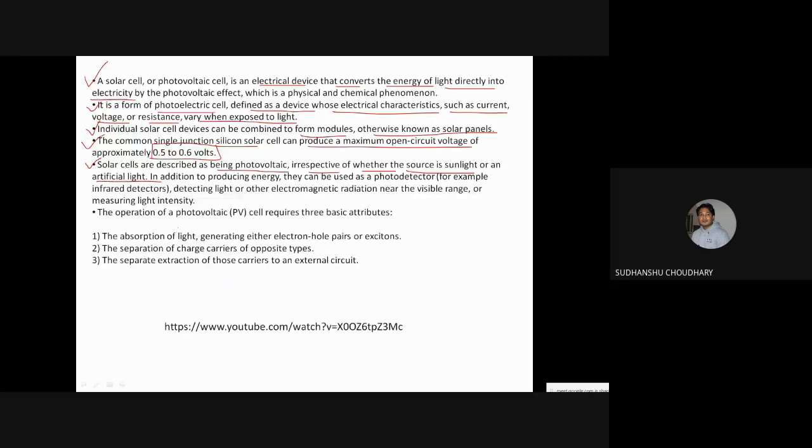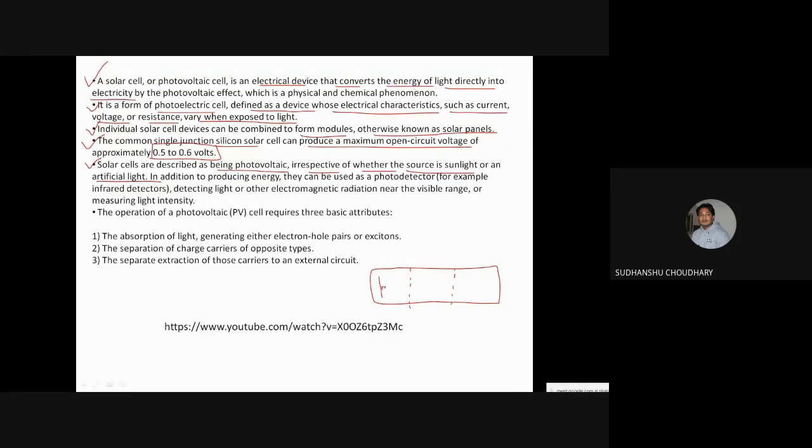Now, let us look at the working principle of a solar cell. Let us say I have a diode or solar cell here, and this is a PN junction.